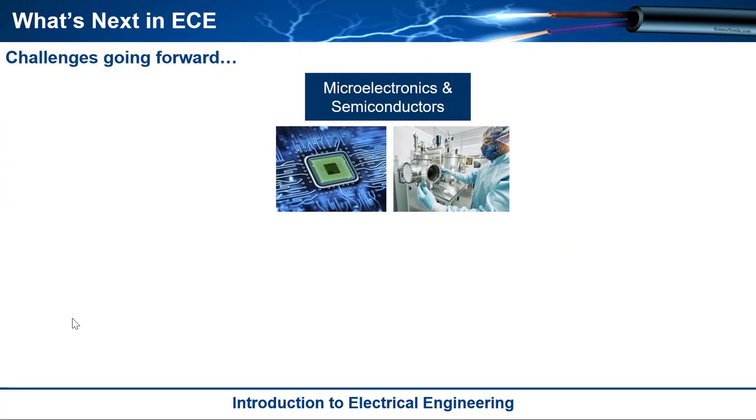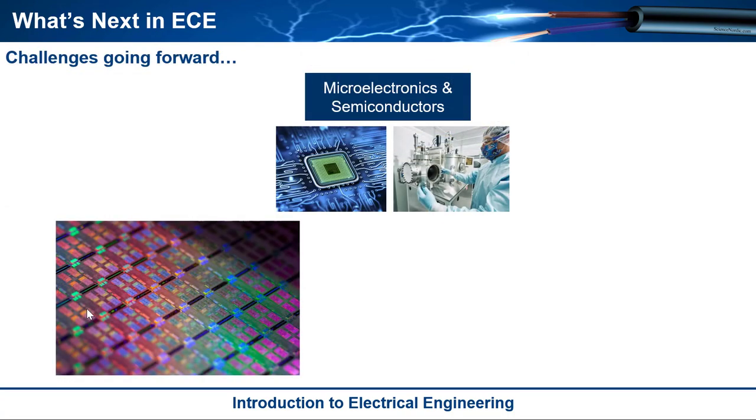Okay, so what about microelectronics and semiconductors? What are those challenges? In general, it's the same challenge that's always been in the semiconductor industry: how do you make transistors smaller? We've reached a point now where we're down into the nanometer processing, meaning we're building structures that are 10 nanometers and below in size. And it's becoming incredibly expensive and incredibly difficult to do this.